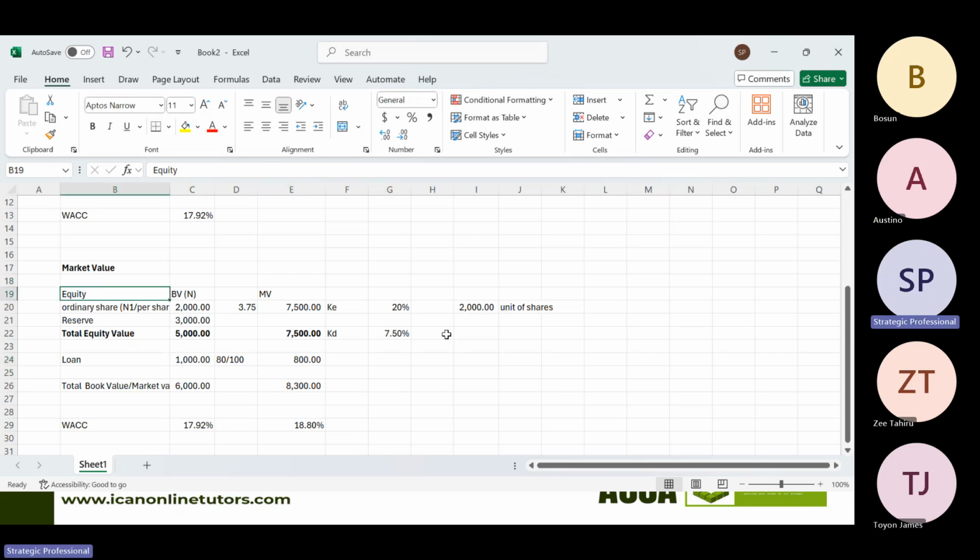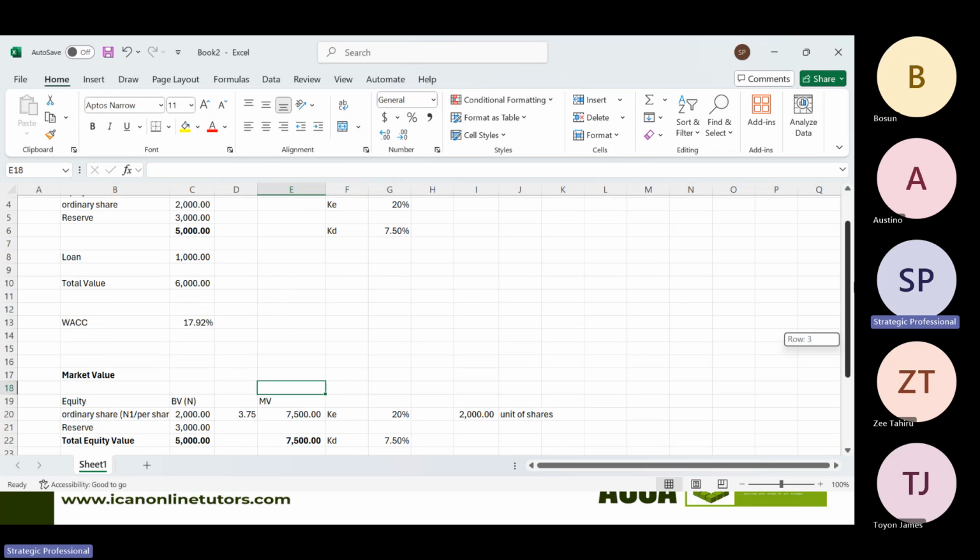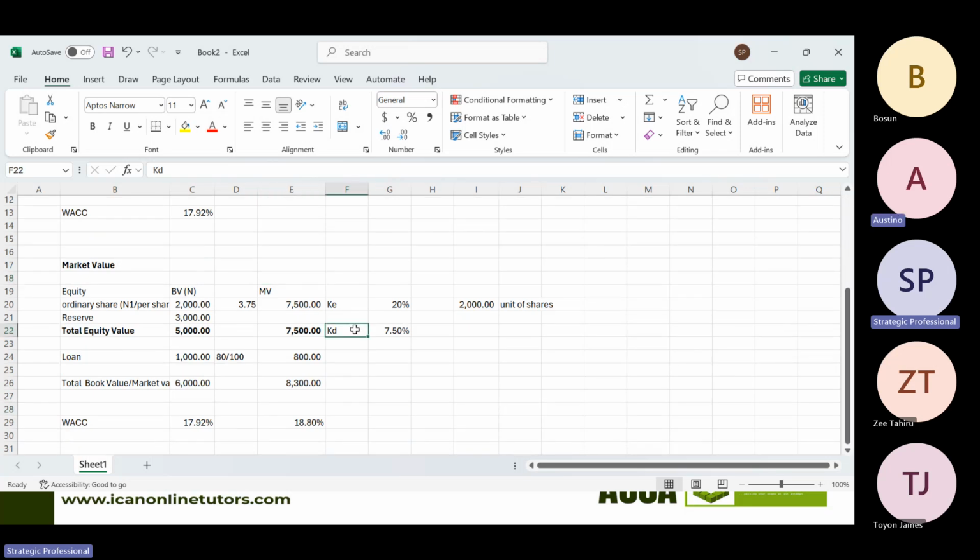So I will share this with us just for our knowledge. Like I said, this is just a refresher question. These are not tough questions, they are simple questions, just to brush our knowledge. Please note this market value part, because most times this is what you'll be dwelling more on in advanced financial management.